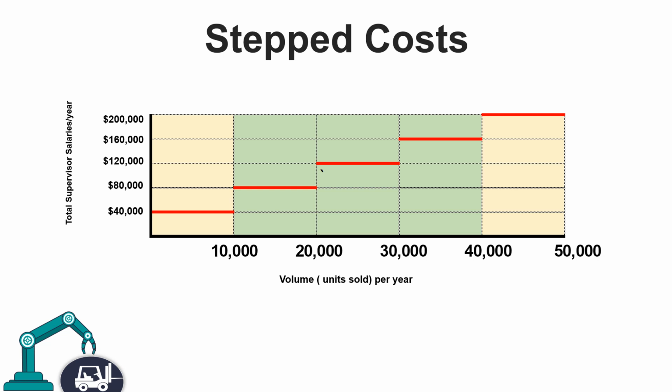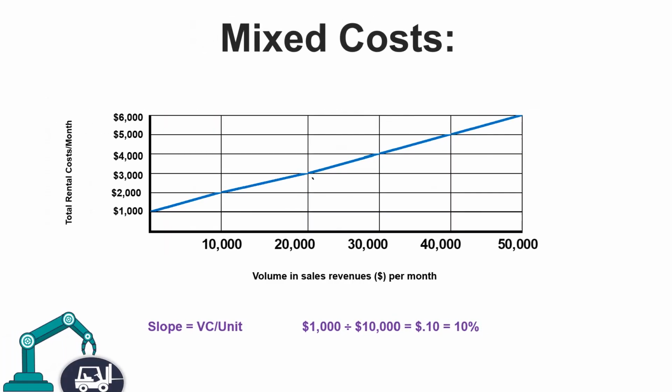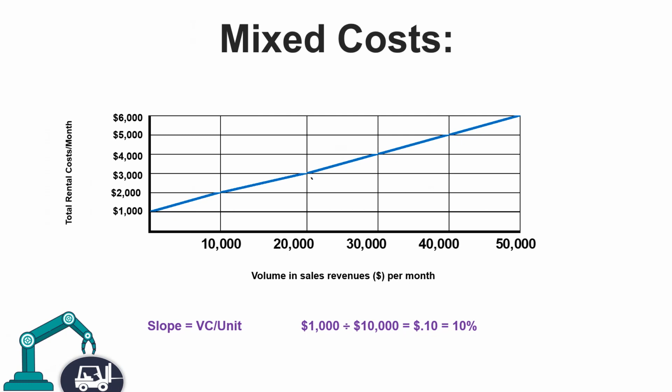There are some costs that actually behave in a way that they're kind of mixed. They actually have a little bit of fixed cost and a little bit of variable cost. For example, the contract might read something like this, that your monthly rental cost to lease this space is $1,000 a month plus 10% of your total sales revenues.